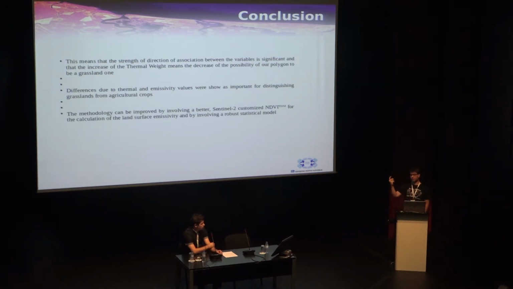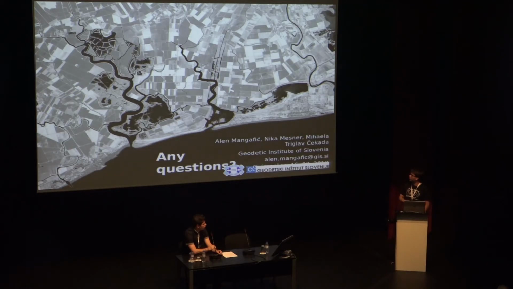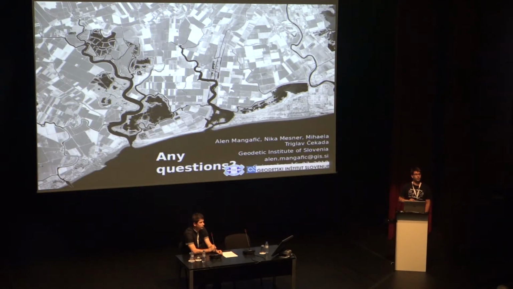So our further steps will be dedicating our time to build a robust statistical model for evaluating this, and sooner or later a development of a plugin that lets us just insert the adequate bands and get some results without too much effort. So this was all from me, and if anybody has some questions, please shoot.